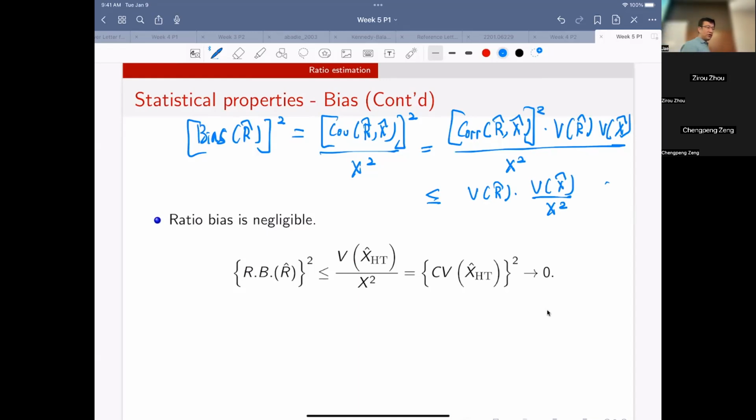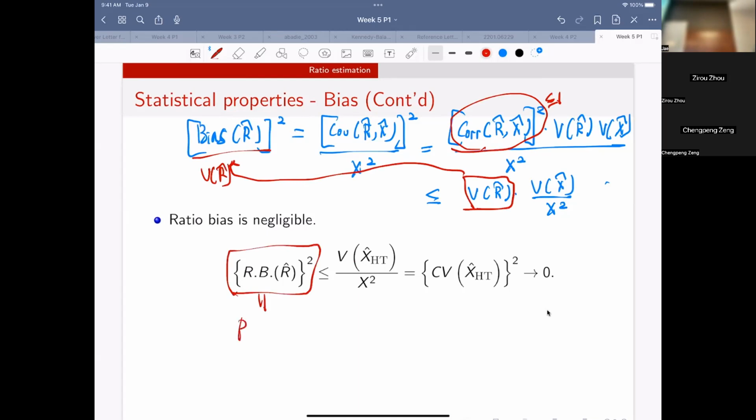You can get rid of the correlation, and then you move this one to here and divide by the variance. So the relative bias of R hat is the bias of R hat divided by the square root of the variance of R hat, right? So this guy can go to the denominator to obtain this relationship.